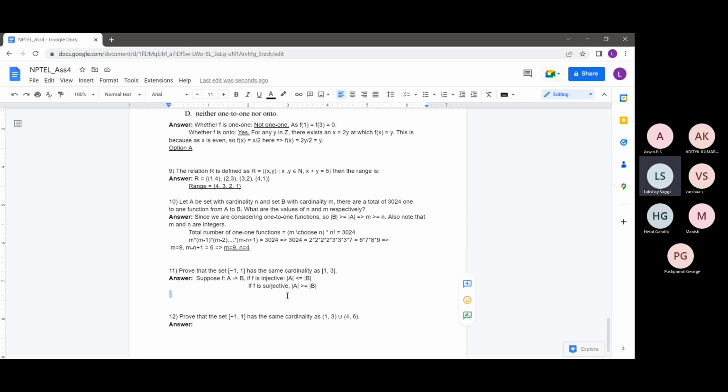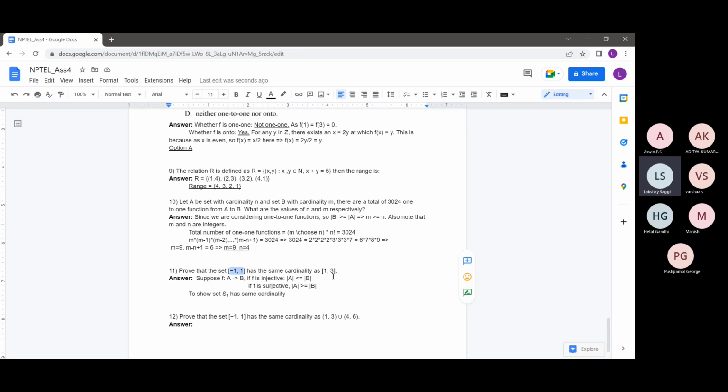So to show that two sets, like any set S1, has the same cardinality as another: since these are infinite sets, you can't just count the elements and say the counts are the same. There are infinite elements between -1 and 1 and infinite elements between 1 and 3.